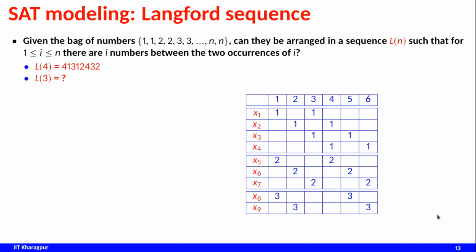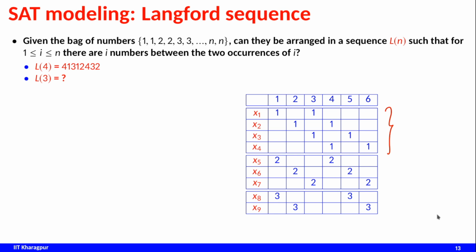So 1 can appear in positions 1 and 3, or in 2 and 4, or in 3 and 5, or in 4 and 6. So these are the possible configurations for 1.